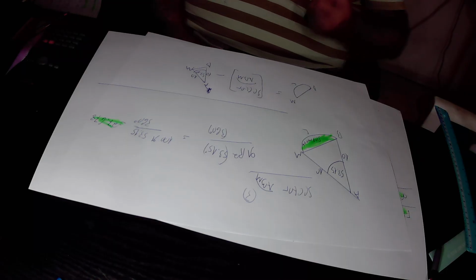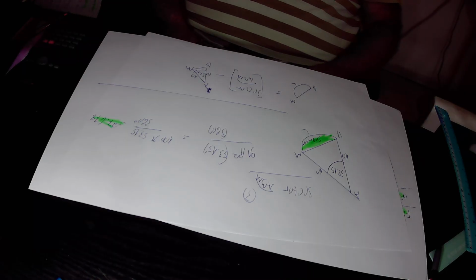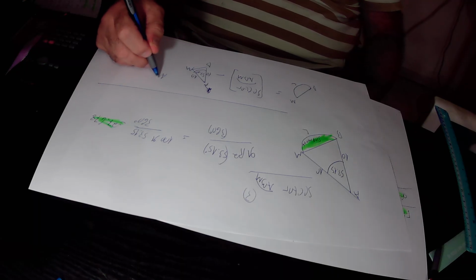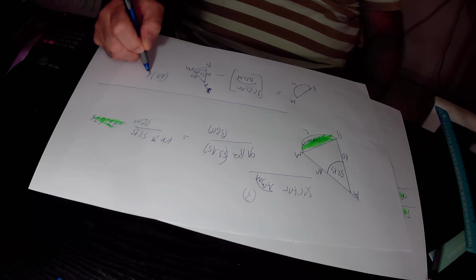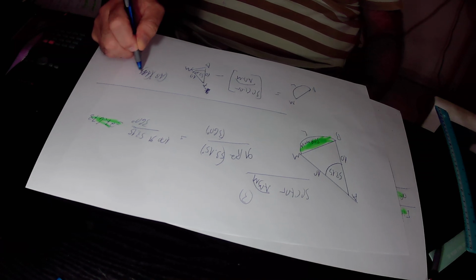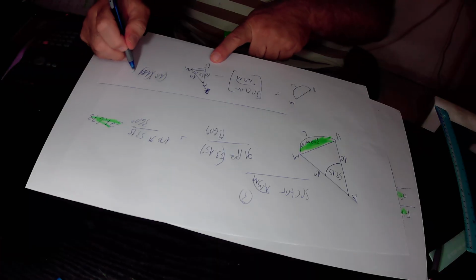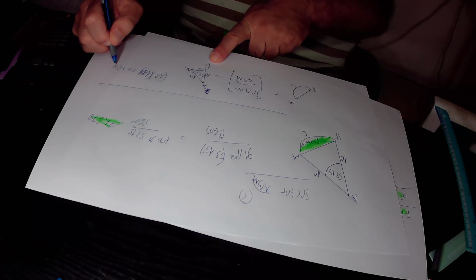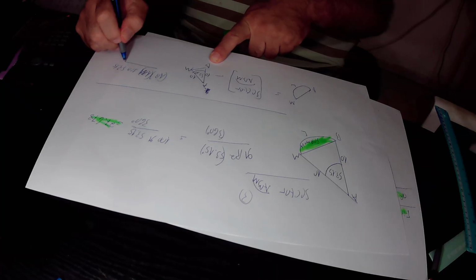The area of this triangle equals AB times AM times sine 53.15 over 2.